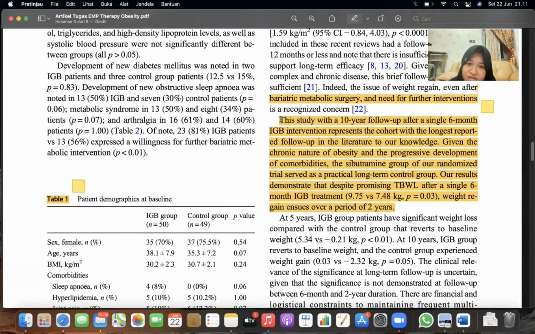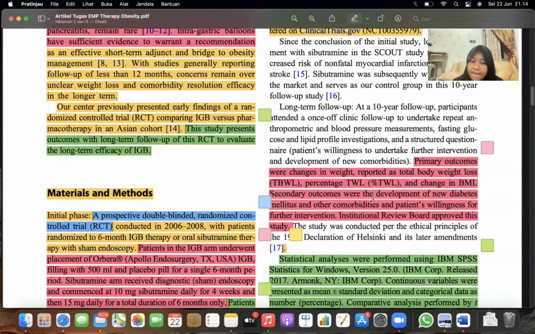Okay, the answer is here, color yellow. From the first sentences, this study with a 10-year follow-up after a single mode until a period of 2 years. Okay, the next is number 23. Number 23, the author did not report it in this article.